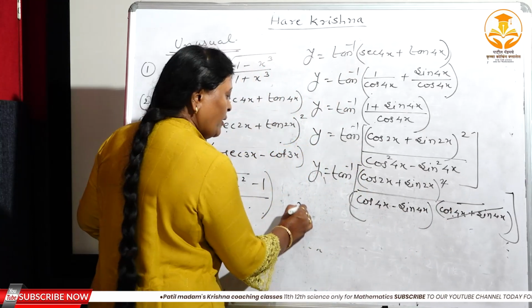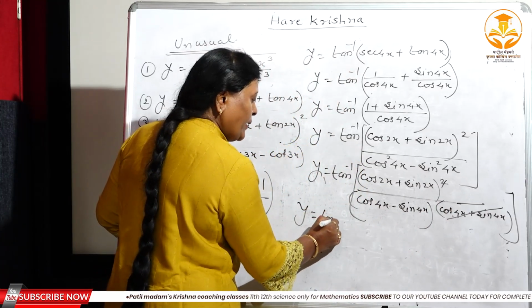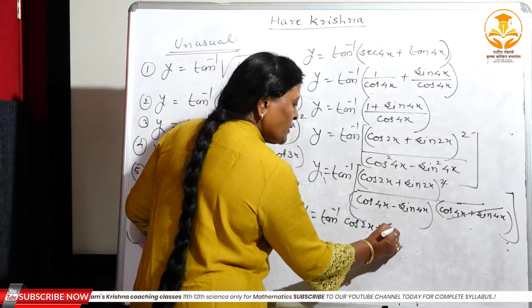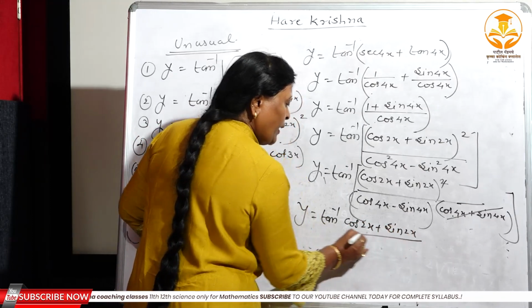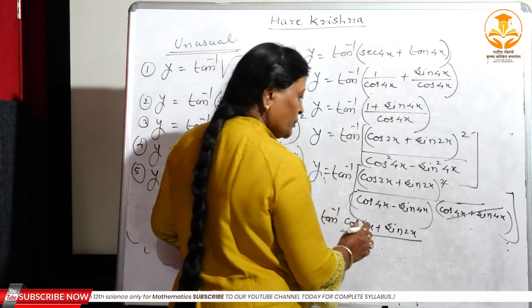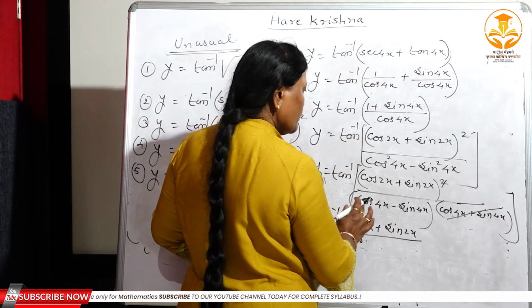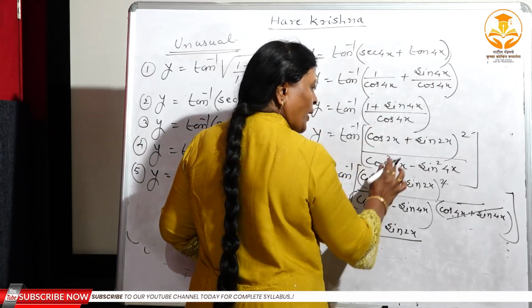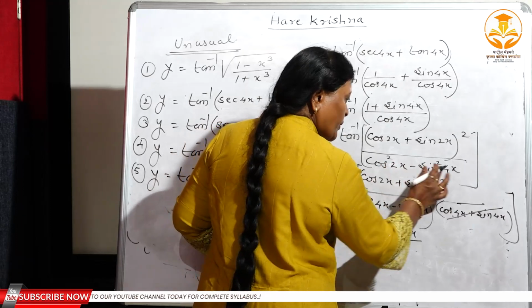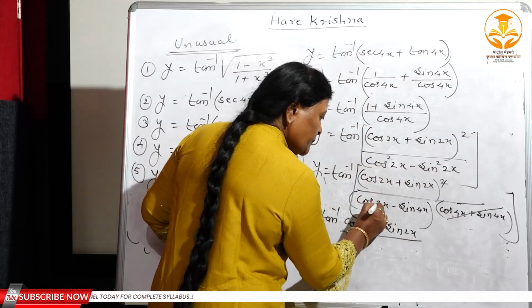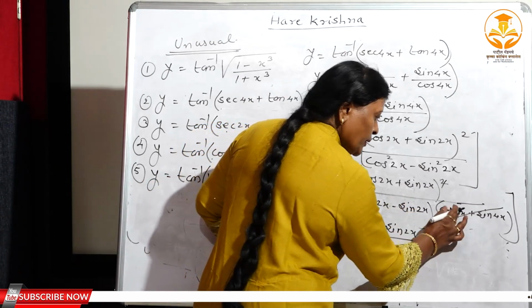What remains here? y is equal to tan inverse of (cos 2x plus sin 2x) divided by (cos 2x plus sin 2x)(cos 2x minus sin 2x). Very sorry, here again it is 2x.